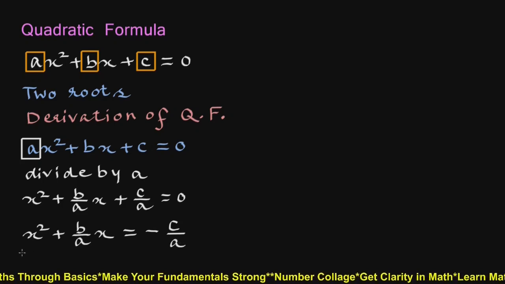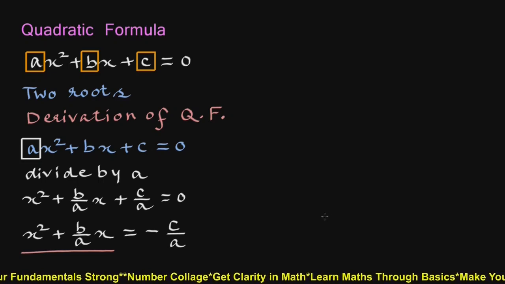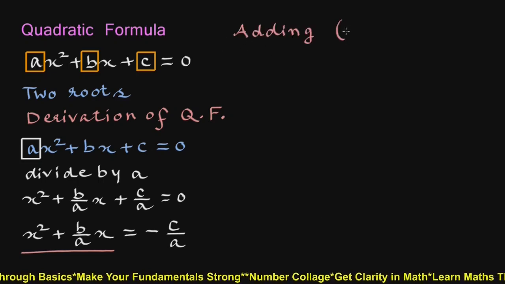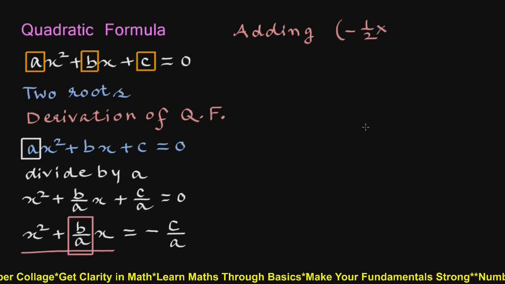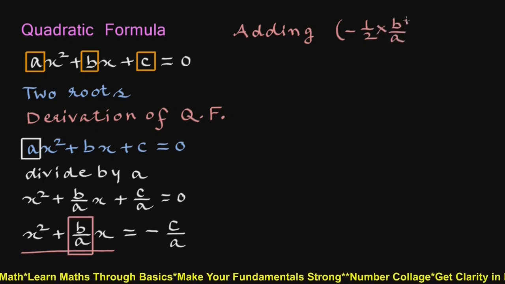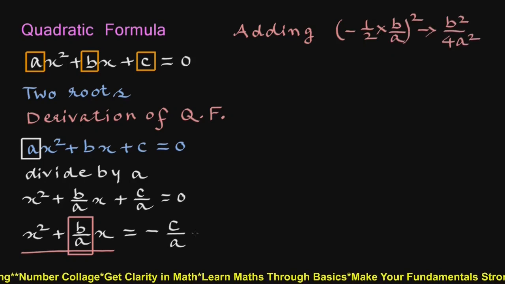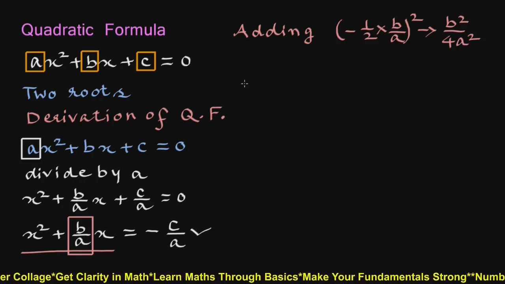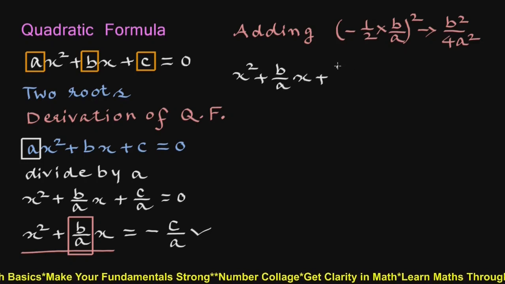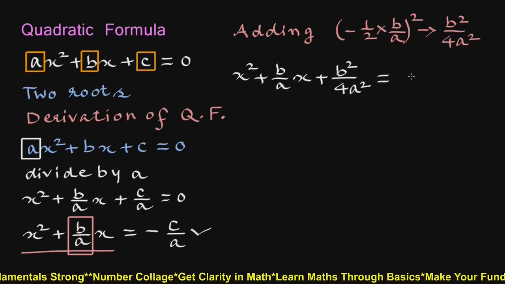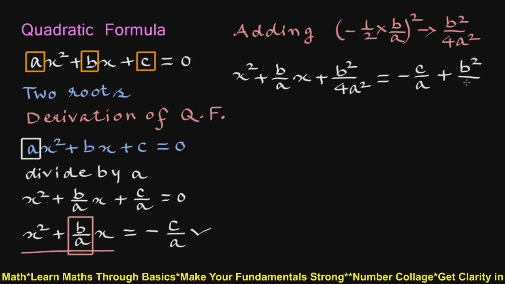We will make this left hand side a perfect square quadratic polynomial by adding the square of half of the coefficient of the middle term x, that is b upon a, which is b square upon 4a square. So this expression reduces to x square plus b upon a x plus b square upon 4a square equals minus c upon a plus b square upon 4a square.